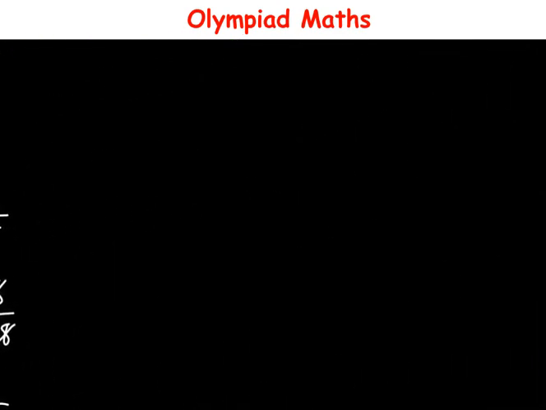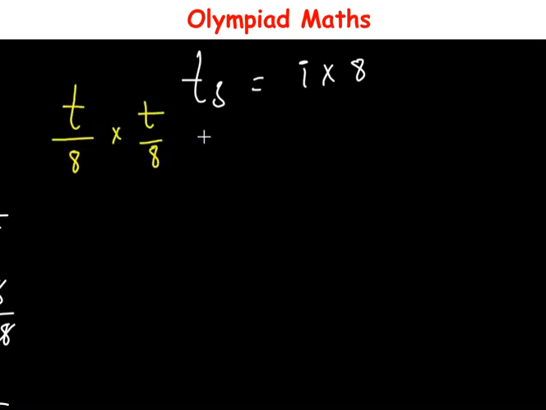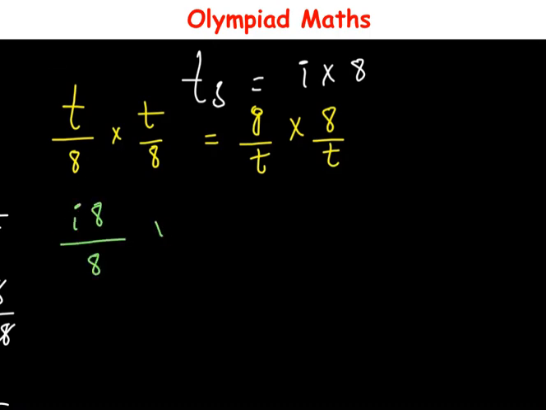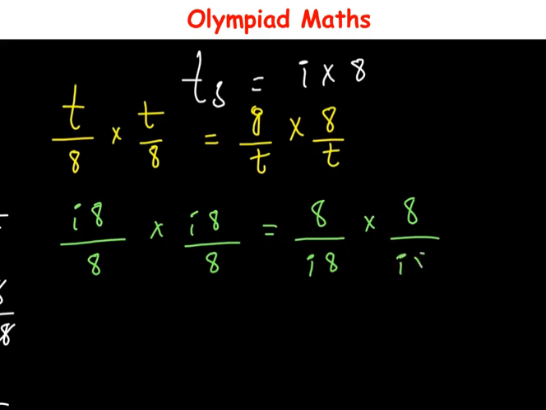For T3, which equals i times 8, the equation is T over 8 times T over 8 equals 8 over T times 8 over T. Now T is i times 8, so inputting i times 8 over 8 times i times 8 over 8 will equal 8 over i times 8 times 8 over i times 8. Okay, so question mark, will equal.